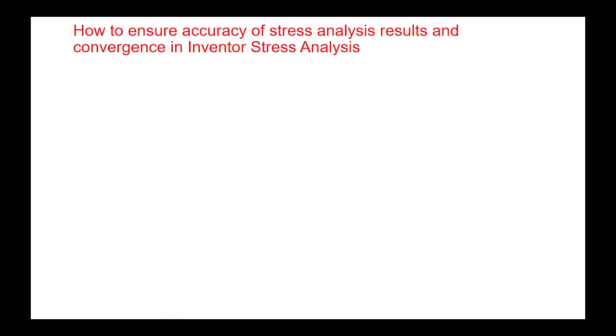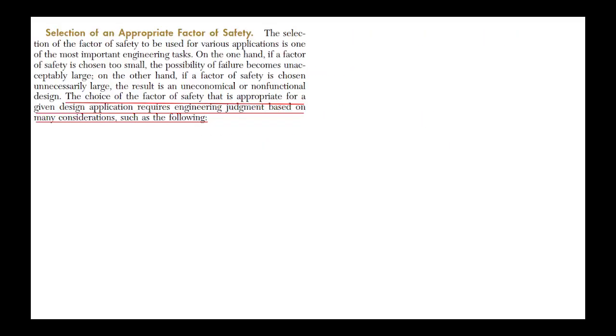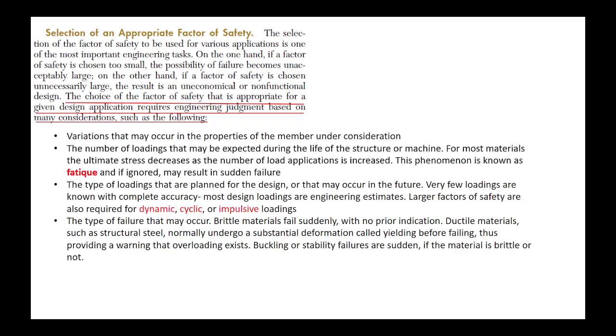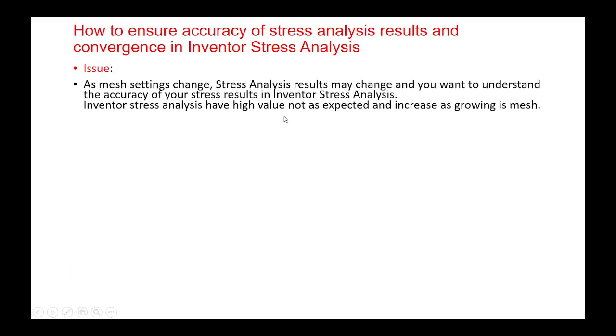To be able to use different mesh sizes at different places within the body, we have two techniques. One technique, in Inventor, we use the local mesh control facility. The other technique is the refinement method.